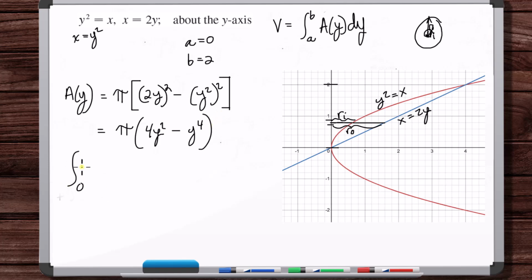So now we're going to go from 0 to 2. The volume is equal to pi times the integral of that, dy.